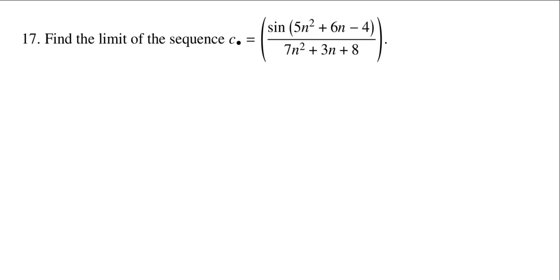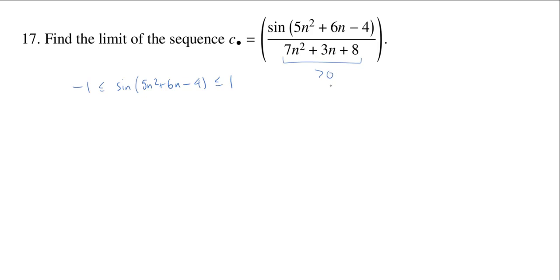But we do know some things about the sine function. For example, we know that the sine function is always at least -1. We also know that the sine function is always no bigger than +1. Now, this denominator here, since everything's got a plus sign, I know that this is greater than 0.